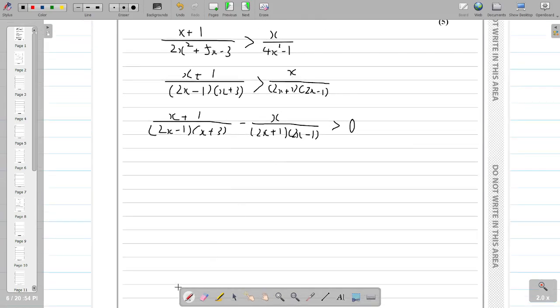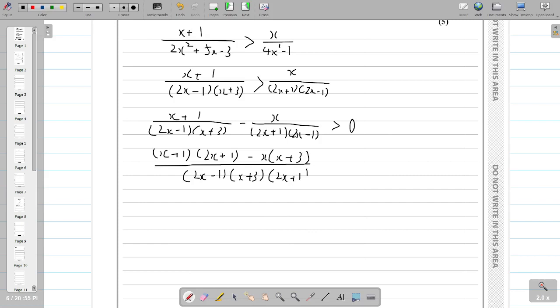So what we can do now is combine this into one fraction by multiplying by the lowest common denominator. So this one is missing a 2x plus 1 factor. And this one is missing an x plus 3 factor. All over those big boys. And all of these are greater than 0.